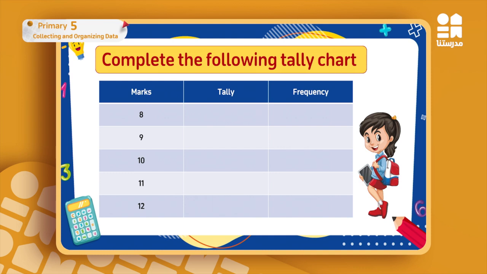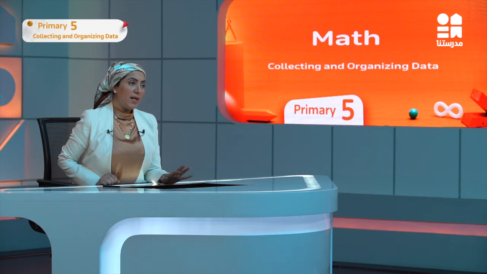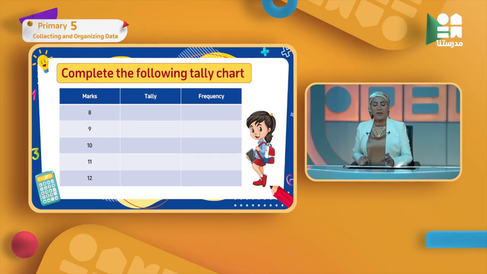Okay? The lowest mark one of the students has got was 8, and the highest mark one of the students has got was 12. Okay? So the rest of the marks were 9, 10, 11, 12. زي ما احنا شايفين هنا الرينج between the marks range صغير.